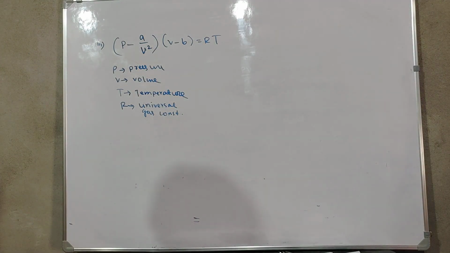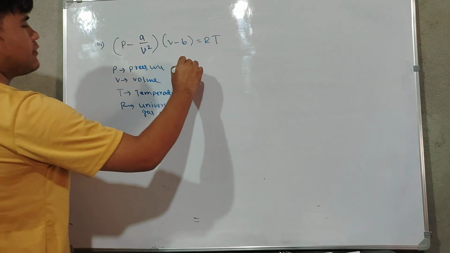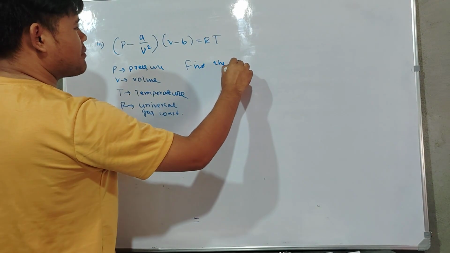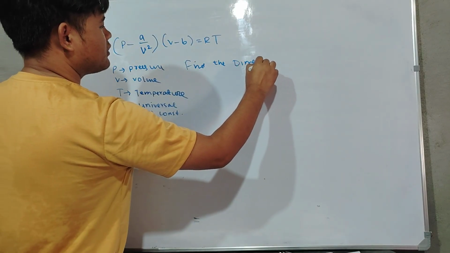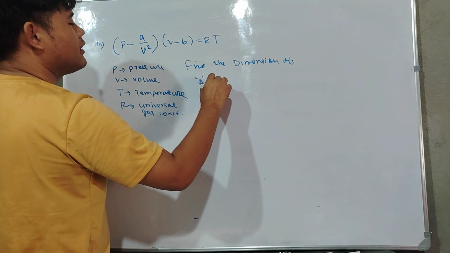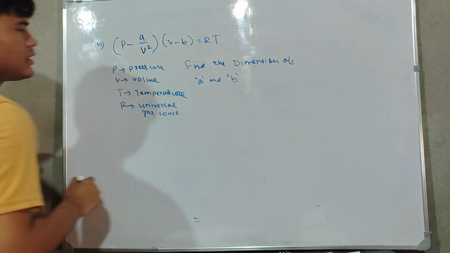So R is the universal gas constant. So the question will tell us to find the dimension of A and B. So you can find it easily.